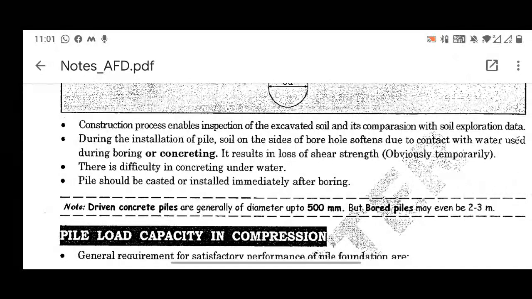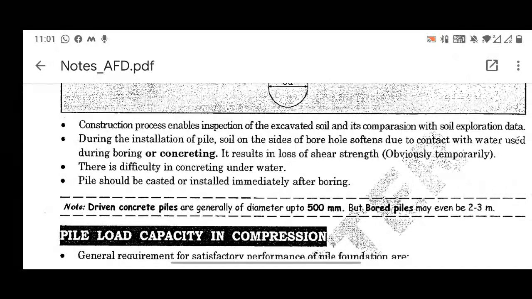Now during the installation of pile, soil on the side of the borehole softens due to the contact with water during boring or concreting, resulting in the loss of shear strength, right? So for which we are using bentonite slurry to stabilize the hole. Now there is difficulty in concreting underwater. This is also quite obvious. Once you make a hole, then you have to use some water to remove the slurry that is already inside the hole.